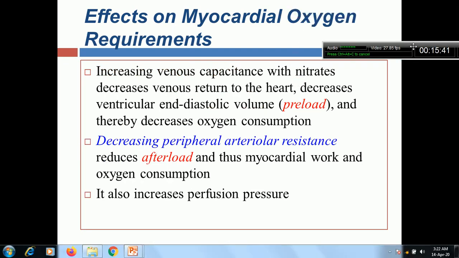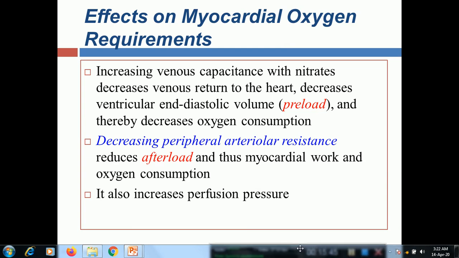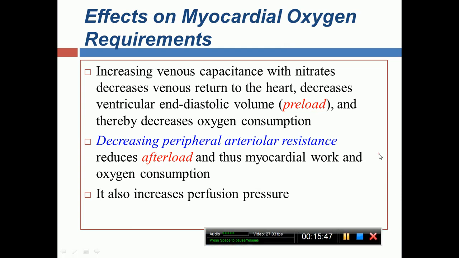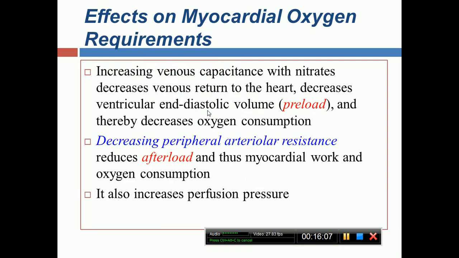So the effects on myocardial oxygen requirements. We just saw what happens. Marked relaxation of veins, increased venous capacitance. So I just told you that venous capacitance means the ability of the veins to hold more blood increases.